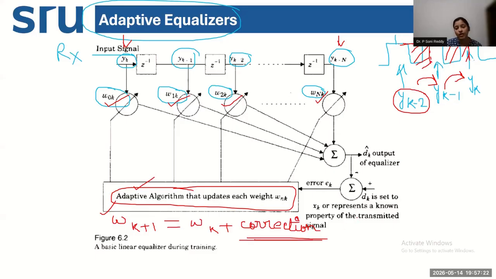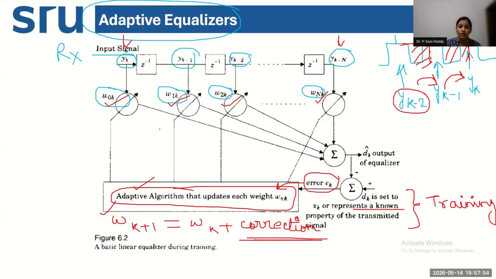Using the already known series, that means the training data. Using the training sequence, we already know the characteristics of the channel. Based on that, we already know how the time varying nature of the channel is behaving, and what would be the error behavior. Using this, we are generating the correction factor and updating the value of the multiplication factor.